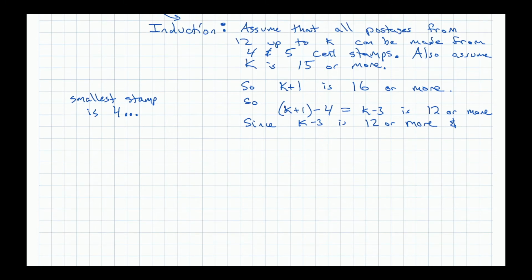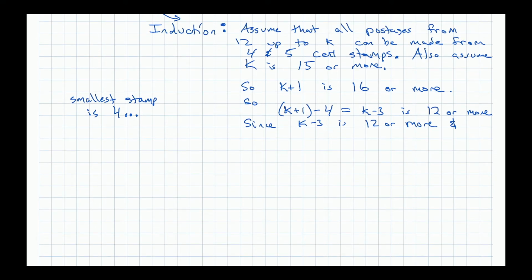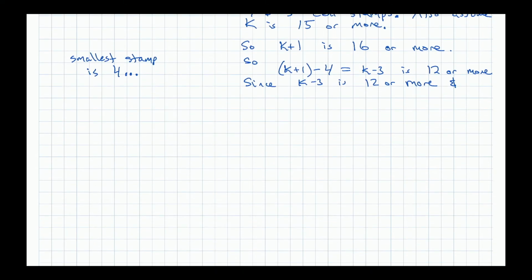Okay, hold on. Let me think about this for a second here. This is fine, but I feel like there's a better way to write this proof, and so I feel like I want to back it up and do that. Yeah, you know what? It'll be equivalent, so I'm not going to bother.